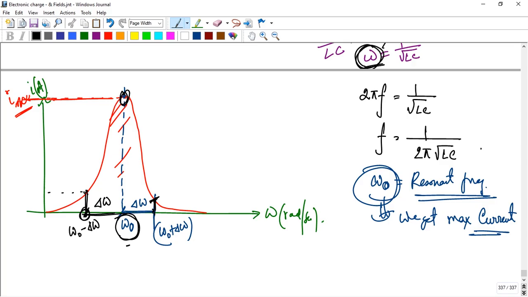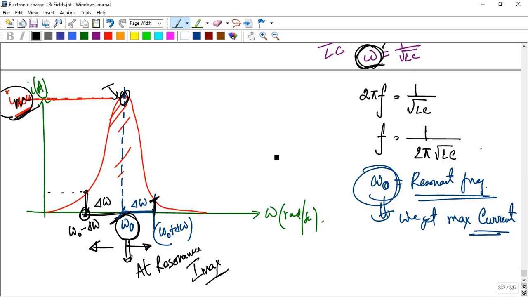If the frequency increases, the current drops. If the frequency decreases, the current also drops. But at omega naught, or at resonance, there is the I max current. This point is I max. Keep in mind there is a maximum current here.